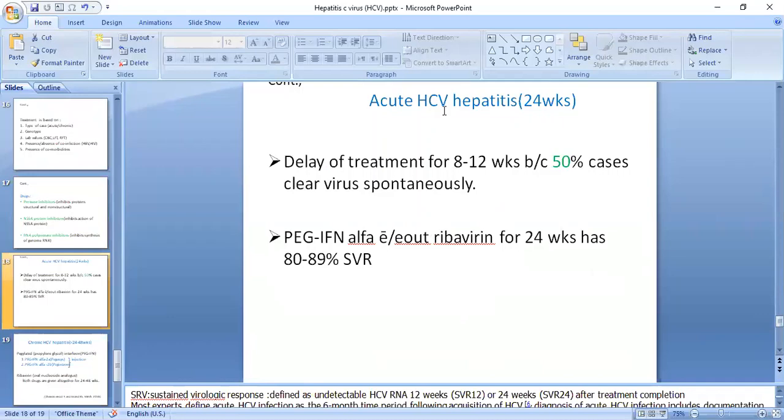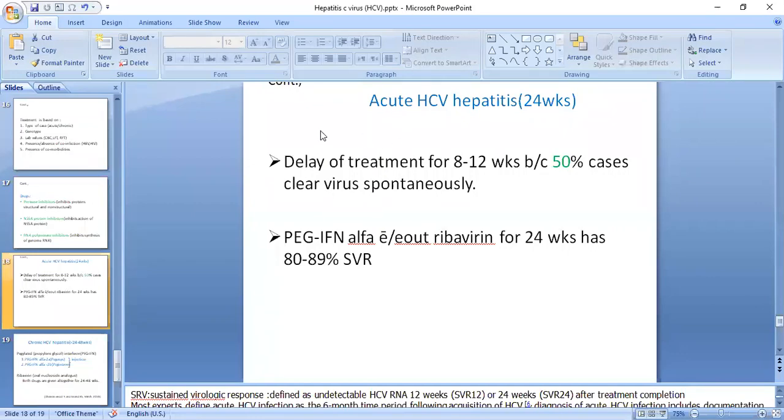In case of acute hepatitis C virus, the treatment is for at least 24 weeks. As soon as we determine the patient is infected with the hepatitis C virus, we do not immediately start the treatment, but delay it for 8 to 12 weeks, because 50% of the cases clear the virus spontaneously.